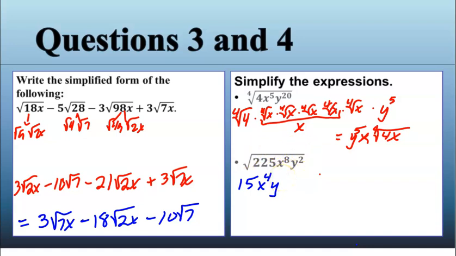We would have to make sure that this gives us a positive y value, so we would want to make sure that we have an absolute value with our y. Or you could put the whole thing as the absolute value of 15 x to the 4th y, all in the absolute value.